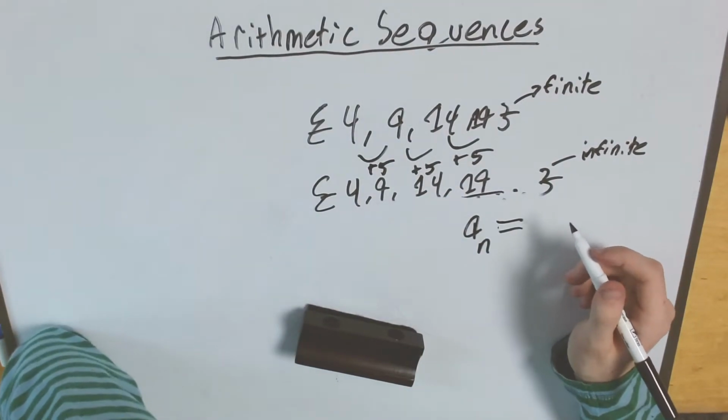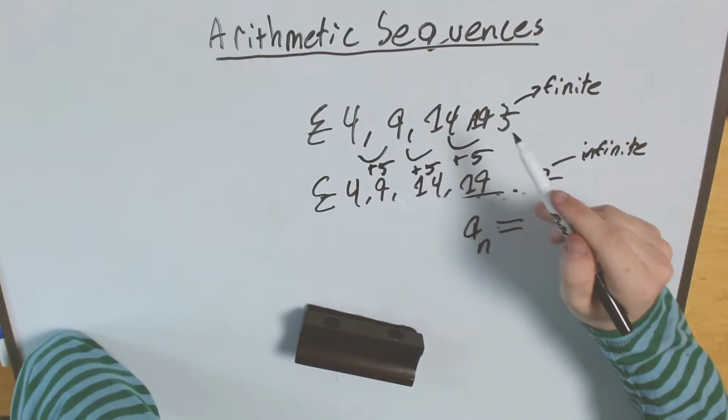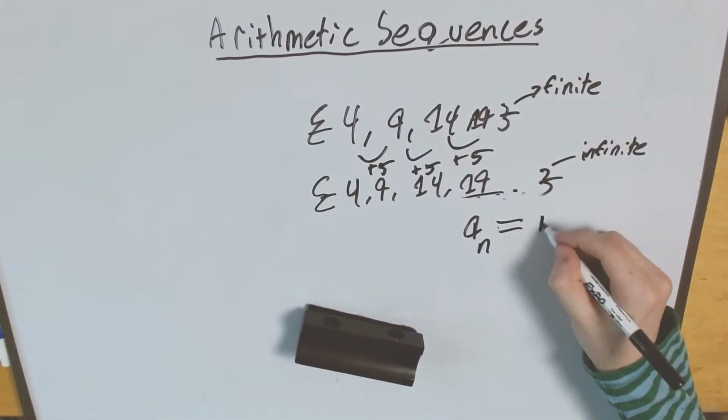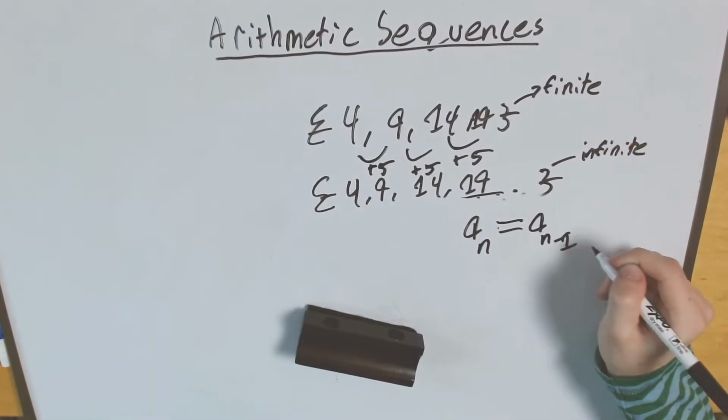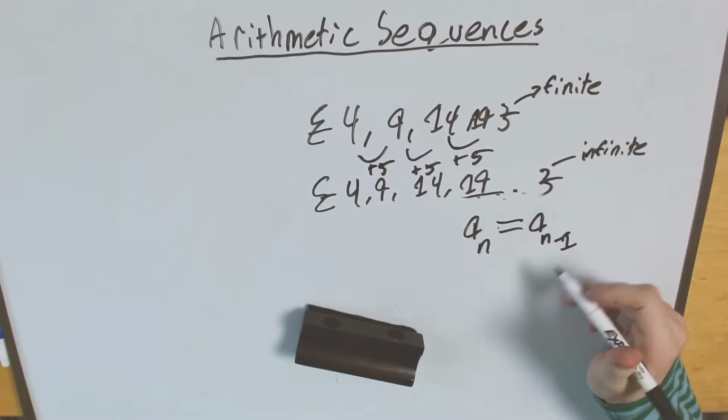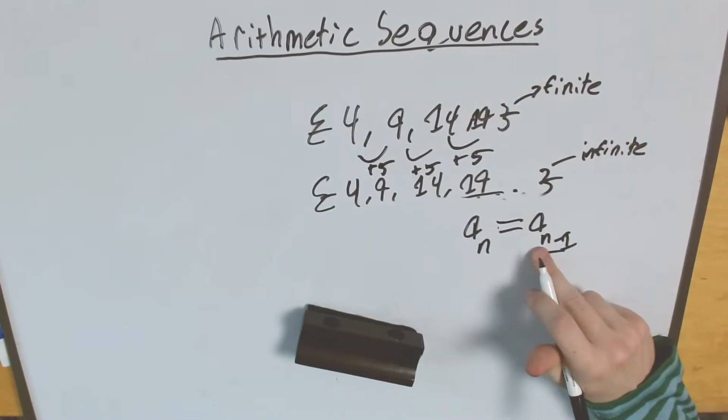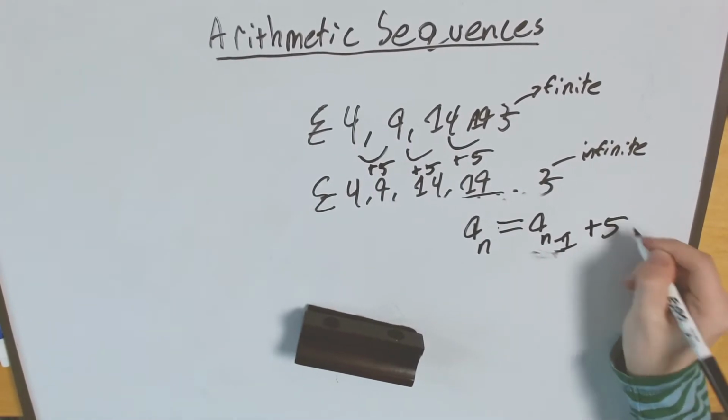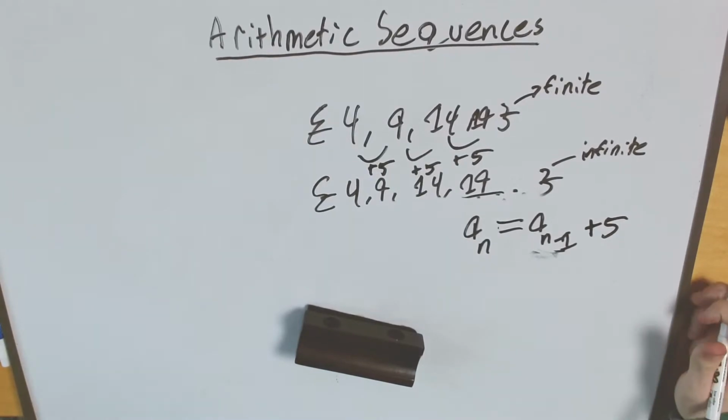Well, I could say, since I know that for every value I'm adding 5 to it, it's just the value before it, or the n minus 1 value, plus 5, right? We could say that.